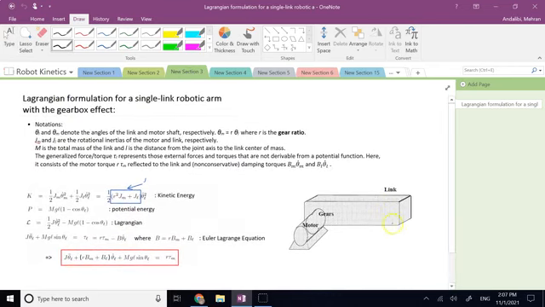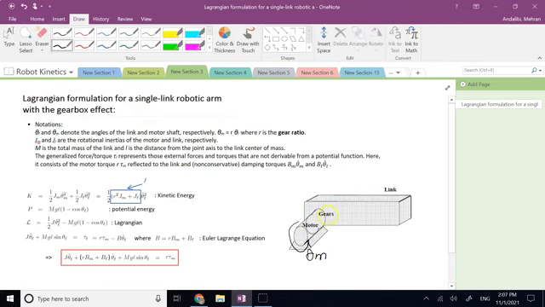So here you have one single link robotic arm that is attached to a motor, driven by the motor, but through a gearbox. And here you have two variables, theta L and theta M. Theta M is the angle of rotation for the motor.